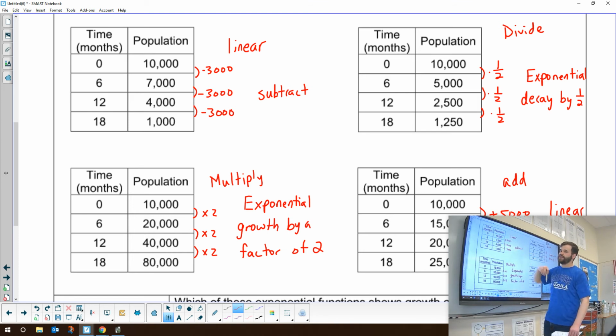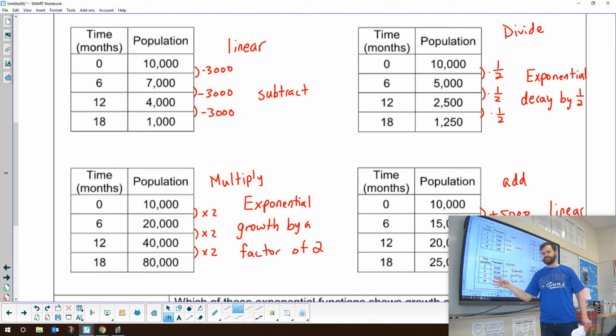So it doesn't increase or decrease in the amount it goes down by. But this one over here, you can tell it's going down. We go from 10,000 to 5,000, 2,500 to 1,250. Each time, we are going down by exactly 1/2. And so this is what's known as an exponential decay. And so we're going down by a factor of 1/2 each time.